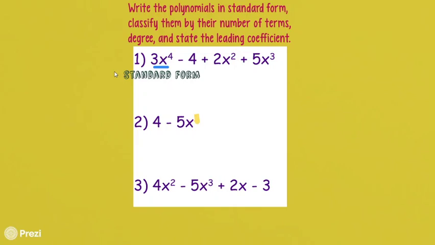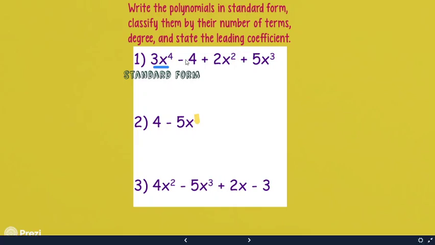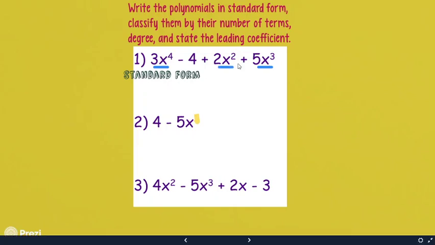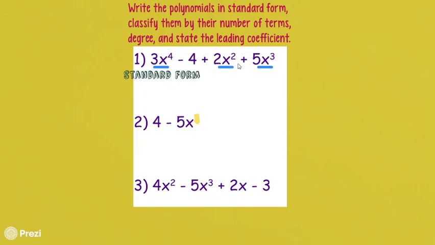My next term with the next highest exponent is the 5x to the 3rd. Since we have x to the 4th, then x to the 3rd, this is the term I would list next. And then my term with the next highest exponent is 2x squared. So I would have 3x to the 4th plus 5x to the 3rd plus 2x squared.